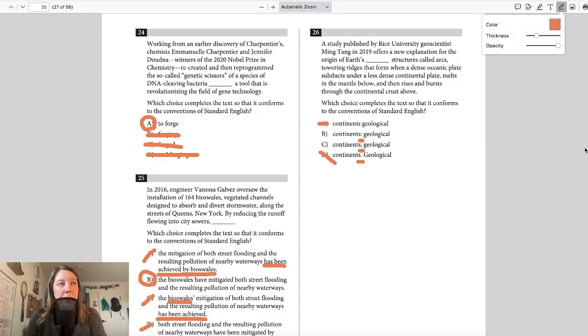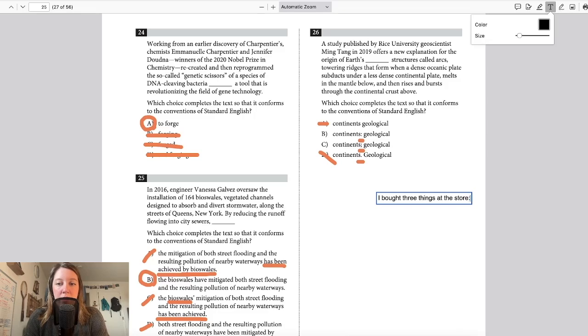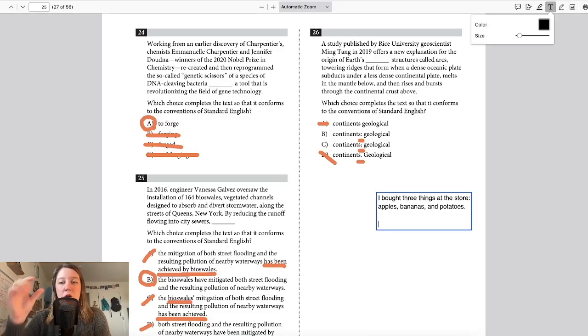For example, if you were to say, and I'll type this for you guys, I bought 3 things at the store, apples, bananas, and potatoes. Okay? That's immediately related. It tells you exactly what those things are. It defines things.